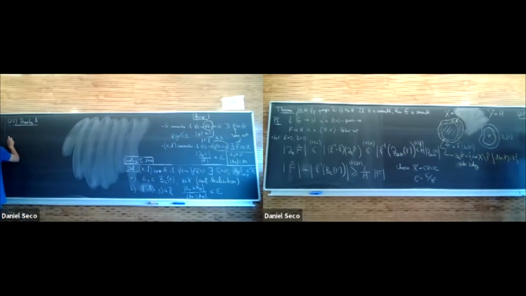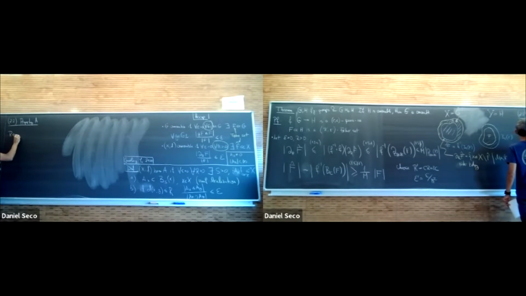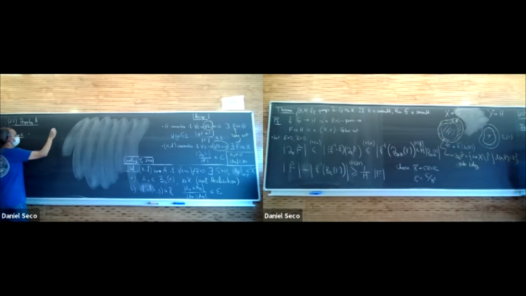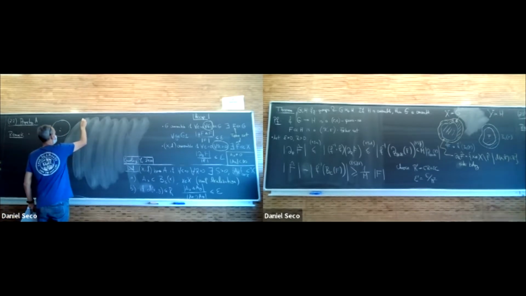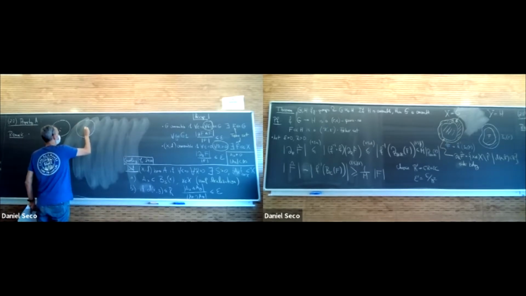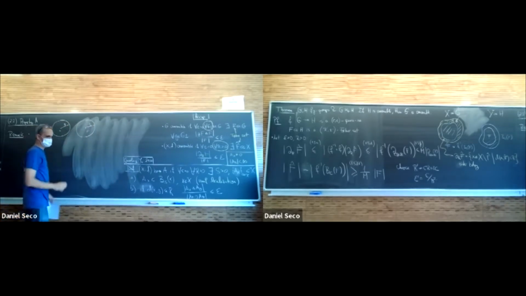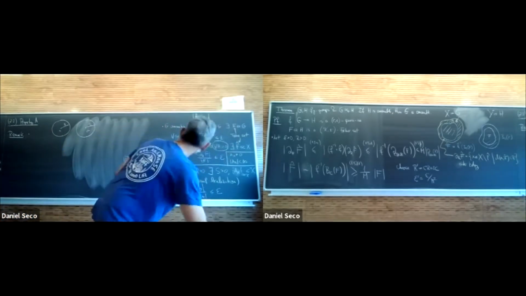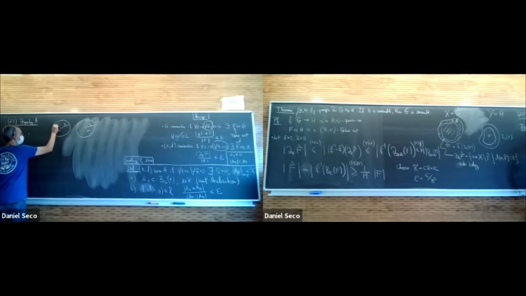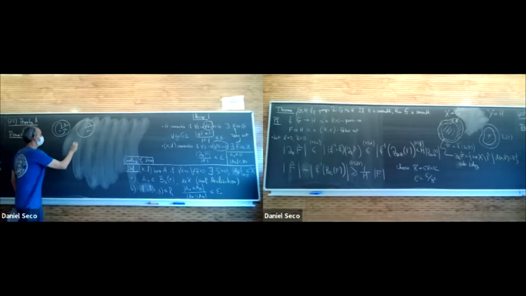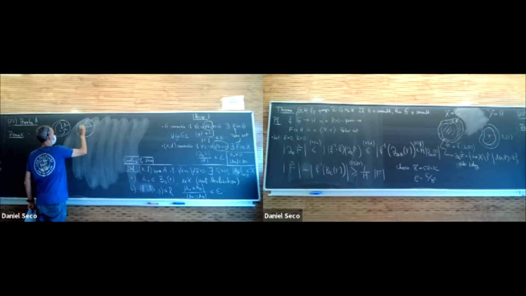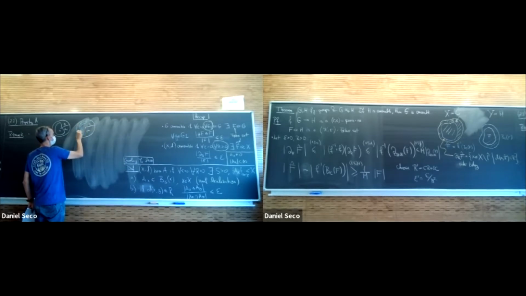So I can put here a remark, or maybe the picture. You have here x, here you have y. This is S, and the set A_x is here, and the set A_y can be like here.